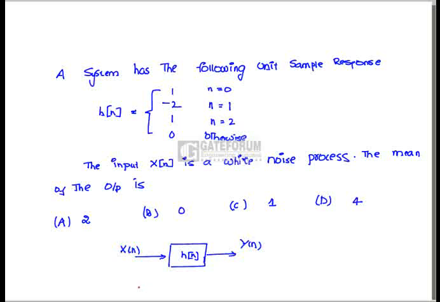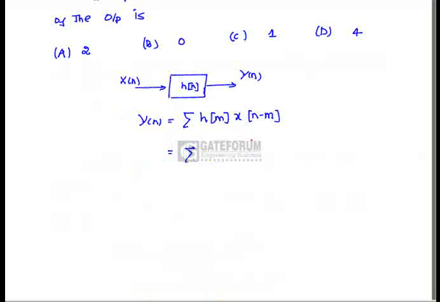The relationship between the output and the input is given as follows: y of n equals the summation over m of x of m h of n minus m.